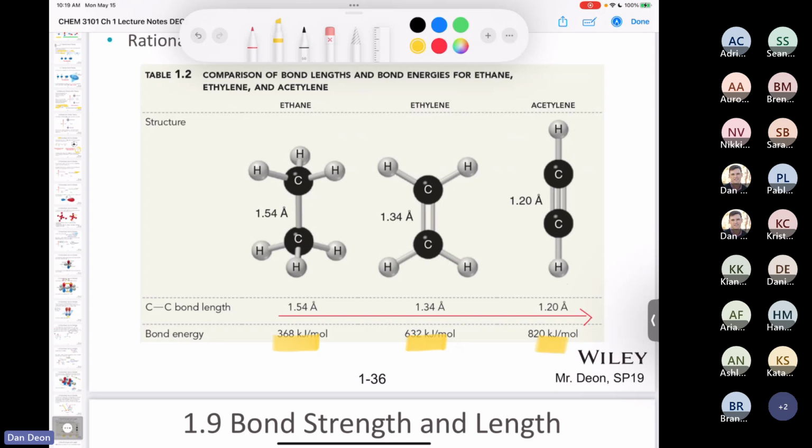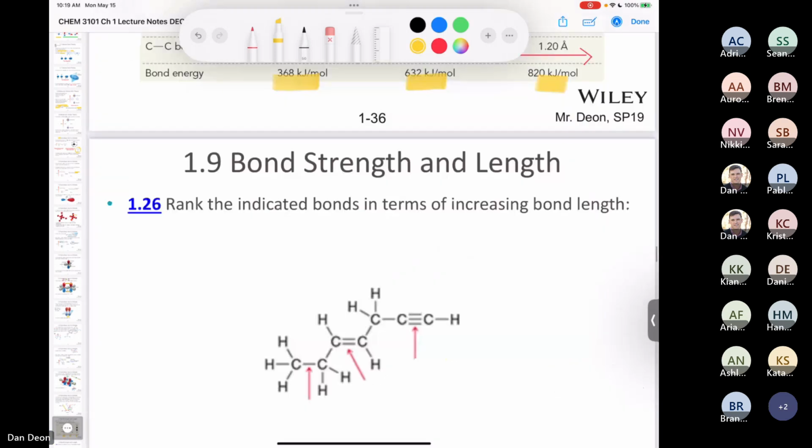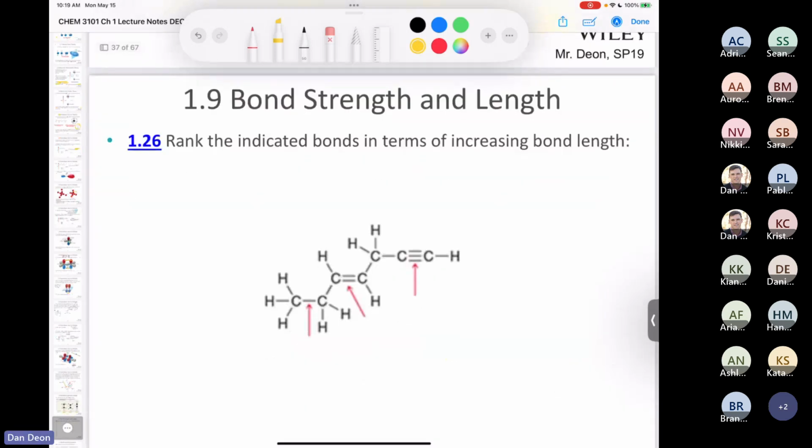As we add bonds, the bonds get shorter and the bonds get stronger. Give me a thumbs up if you'll remember that for me. More bonds equals shorter and stronger.